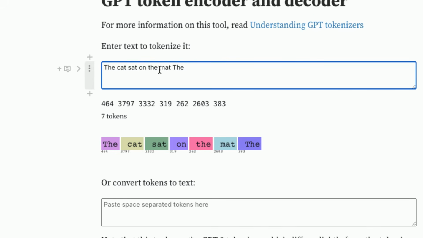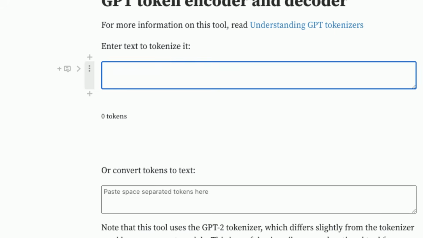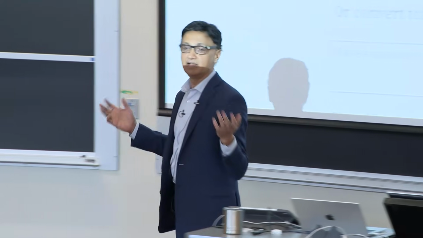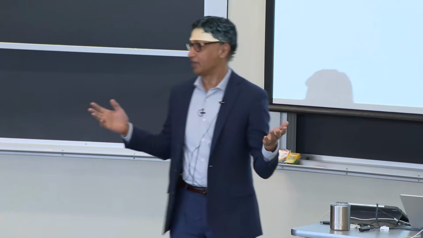Now, let's try something. Let's try Jane. Jane is one token, which is great. Let's see Rama. Darn, my name wasn't worthy enough to be its own token.